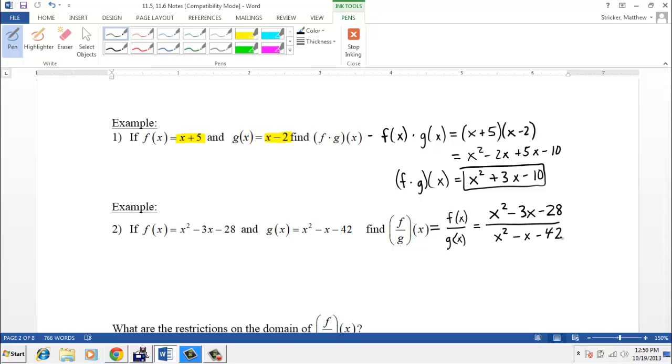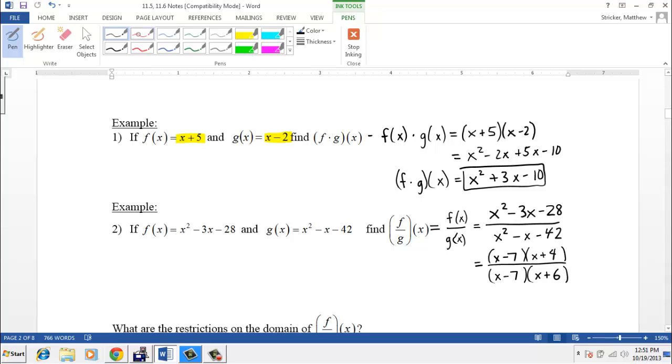Do you remember how we simplify rational functions if they are able to simplify? Remember what we do? The top and bottom. Hopefully you're thinking to yourself that we should factor the top and the bottom. So on the top we should have x minus 7 and x plus 4, and on the bottom we should have x minus 7 and x plus 6.